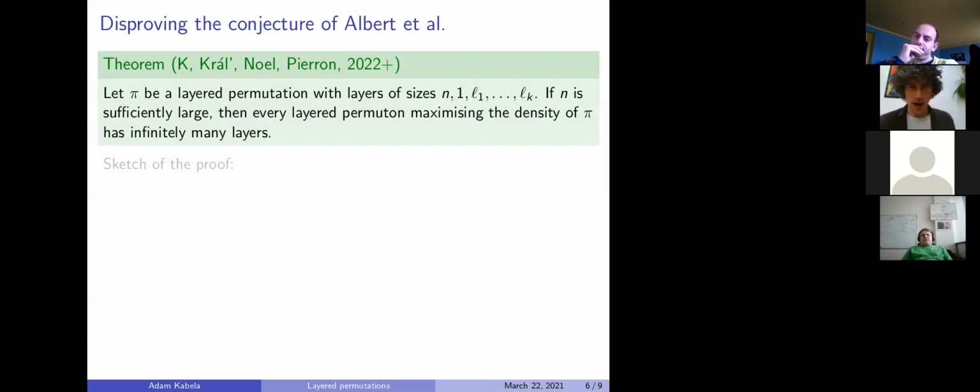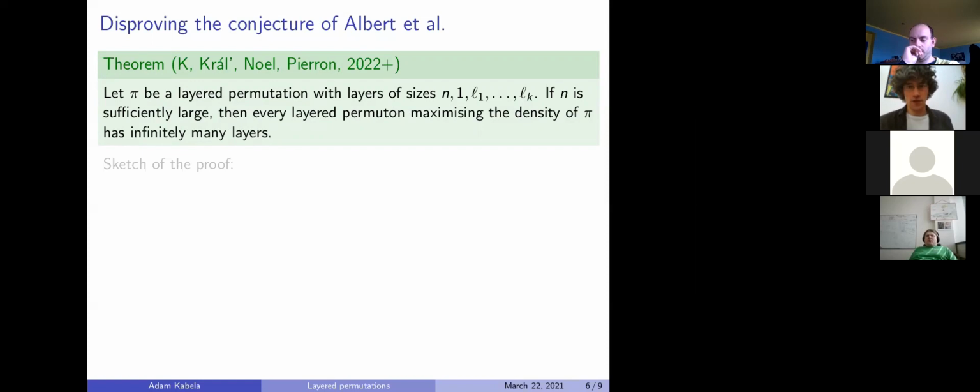the first thing I'd like to talk about in a little bit more detail is a counterexample. So in order to disprove the conjecture, we'd like to think in the limit version of that story.